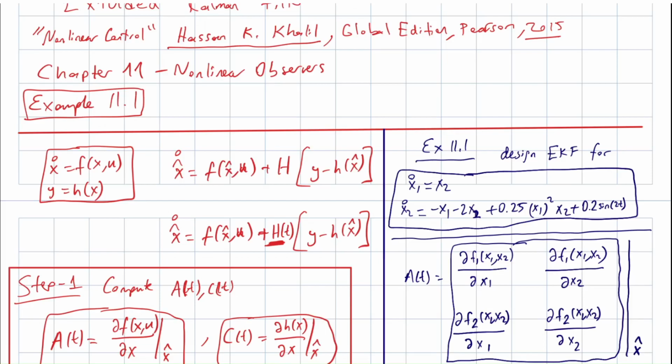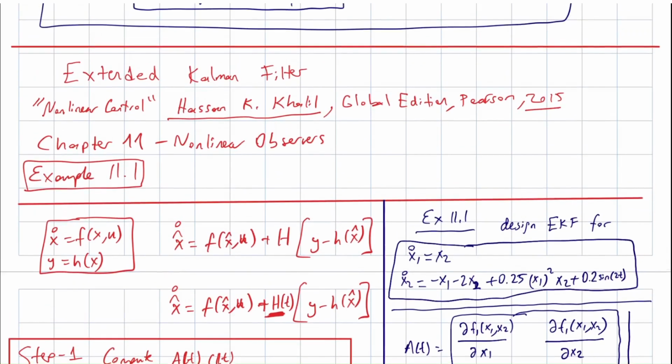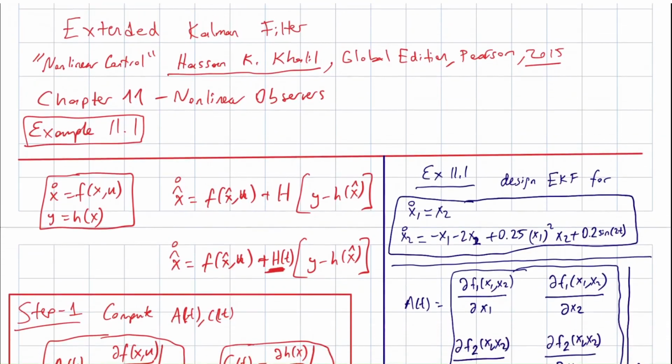Again, let me preface this by saying you cannot just design an extended Kalman filter for any type of nonlinear state estimation problem, right? Or for a given nonlinear dynamical system, right?